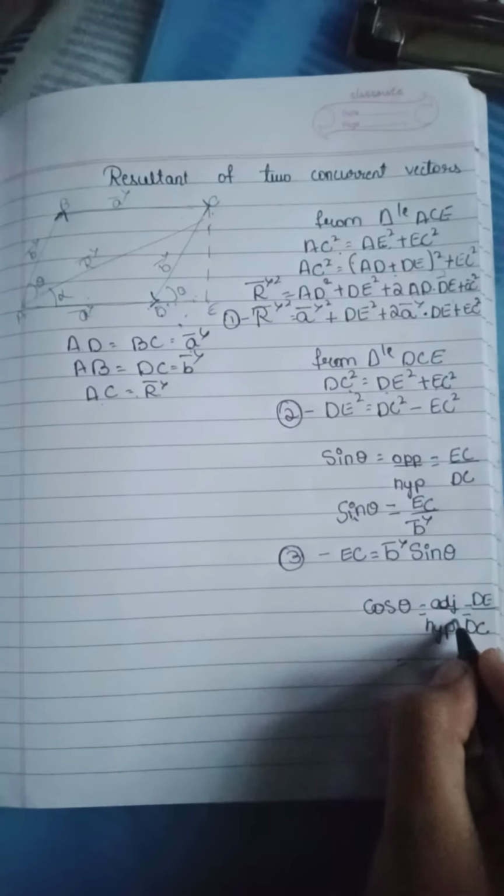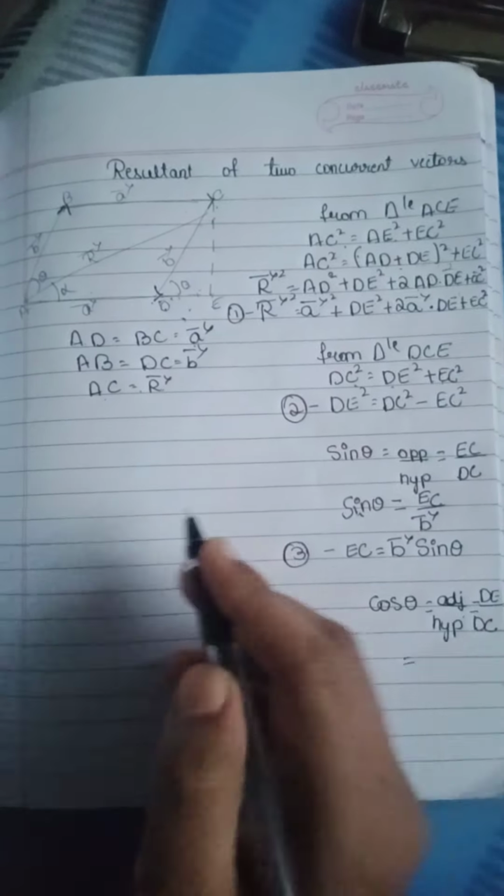DE by DC, we know DC is vector B, so cos theta equals DE by vector B. We want DE, so DE is equals to vector B cos theta. Let's take it as equation 4.